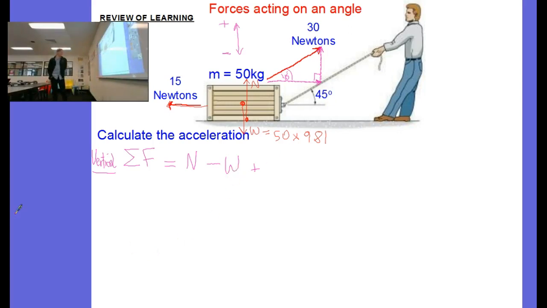What trigonometric ratio would I use to work out the opposite side of that triangle? Sine ratio. Okay, so what would the expression be? 30 times sine of 45. Very good. The opposite side is calculated as the hypotenuse multiplied by sine of the angle. Does that make sense?